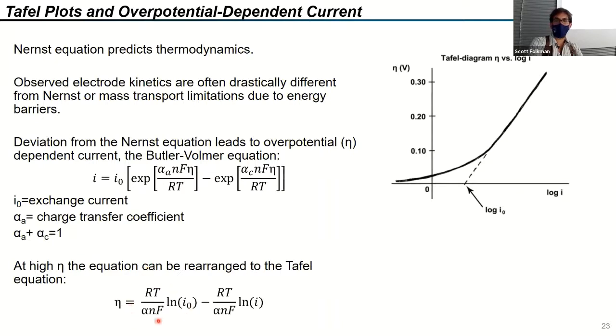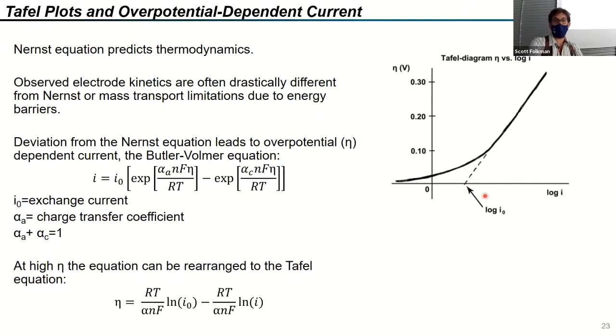And we can get several interesting factors from this. One of them being, if we extrapolate this linear region of a plot of the overpotential versus the log of the current to zero overpotential, we can obtain the exchange current.